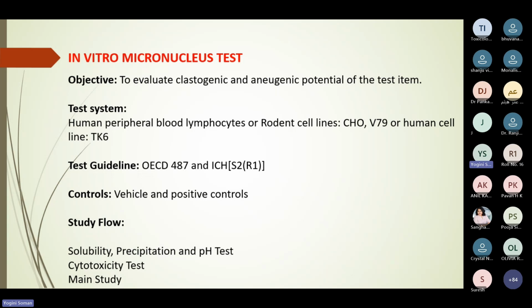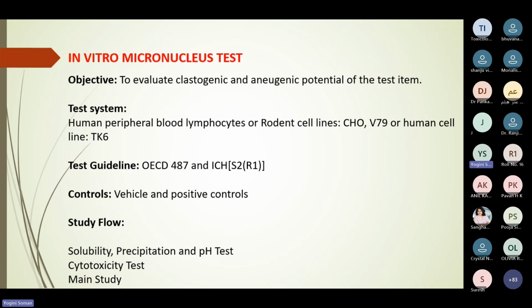For example, if the highest concentration is 1000 microgram per ml and the percent cytotoxicity is about 80%, for 500 microgram per ml, if percent cytotoxicity is 60%, for 250, if it's 52%, and for 125, if it's 40%, then for the main study you can select the highest test concentration, that is 250 microgram per ml, based on the results of 1000 and 500 as well.